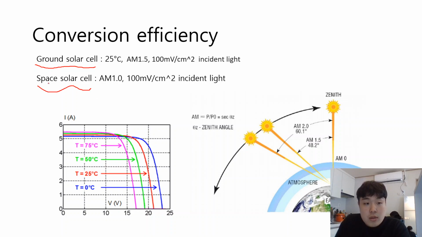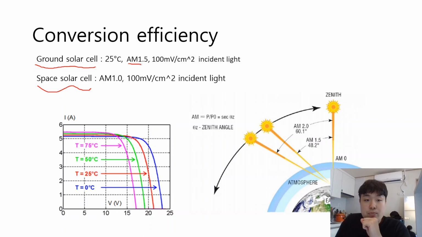But let's see the space solar cell. The space solar cell condition is 1.0 AM, 100 milliwatt per centimeter square incident light. Because for space solar cells we do not care about the temperature, there is no degree condition.